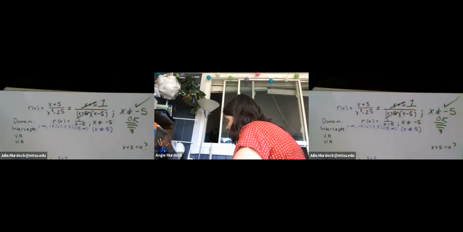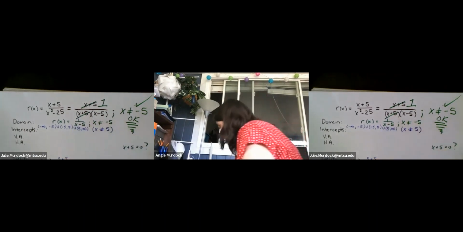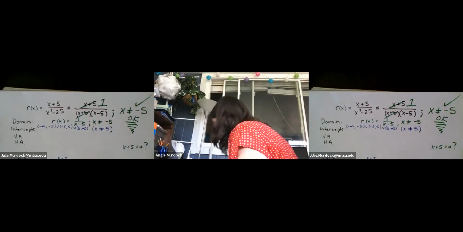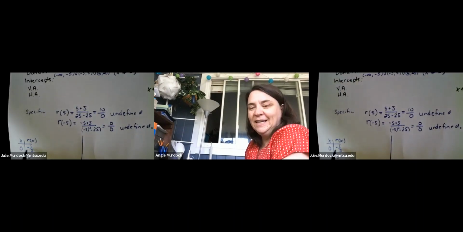What would R of 0 be? If I look at my simplified output rule, that would be 1 over the difference, 0 minus 5, and that's negative 1/5. So I might not know what to call it, but it turns out being what? A vertical intercept?